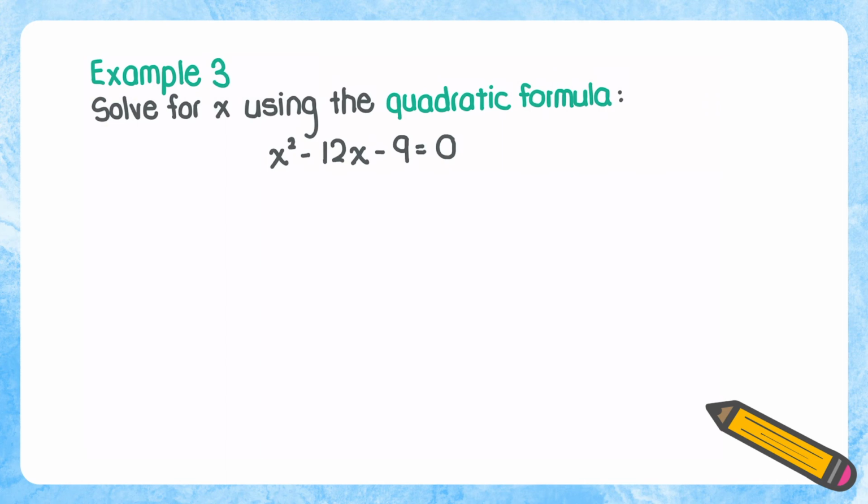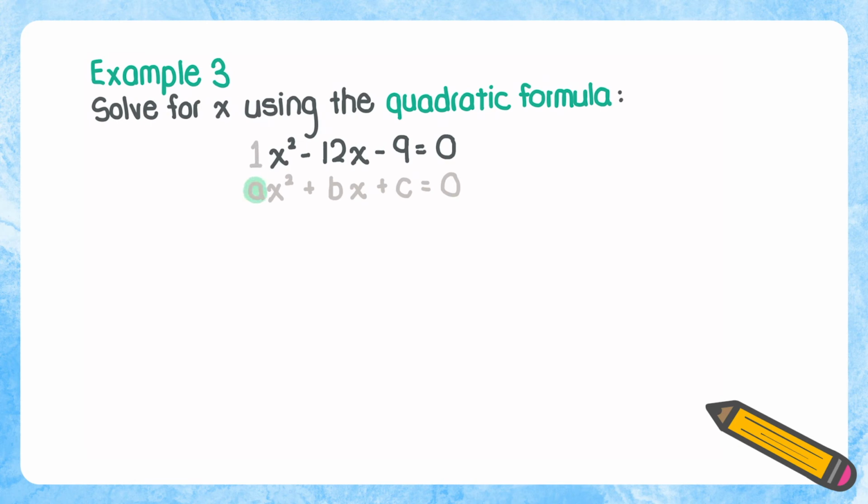So for this example, we have x squared minus 12x minus 9 equals 0. So we have ax squared plus bx plus c equals 0. Let's identify a, b, and c. Oh yeah, and right here there's technically an invisible 1.